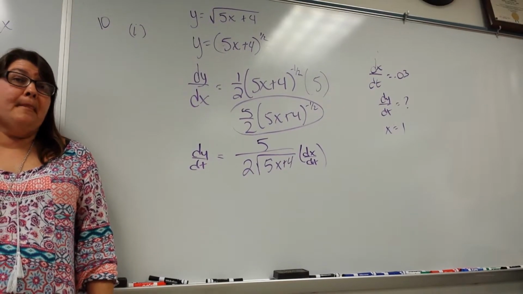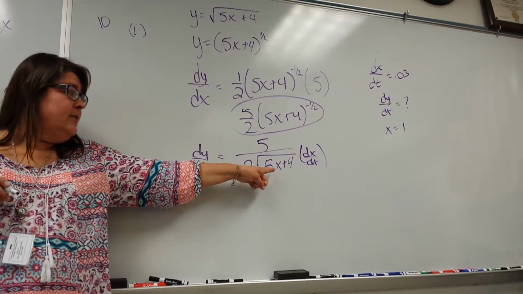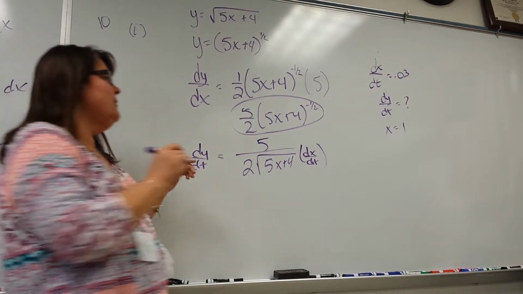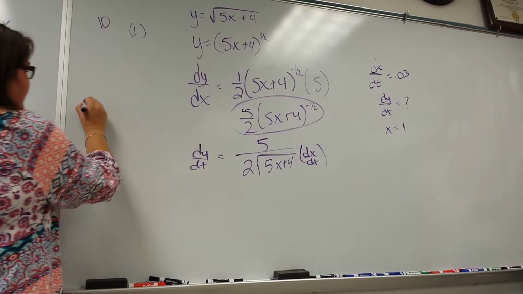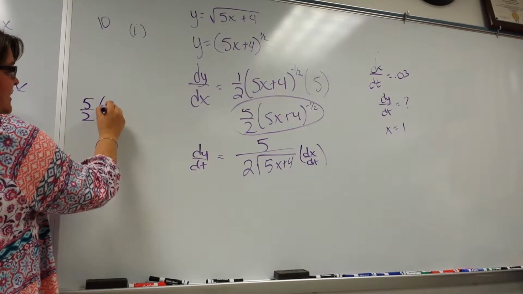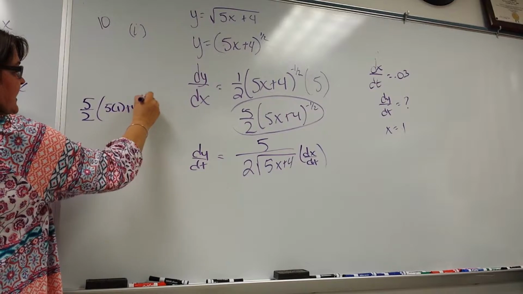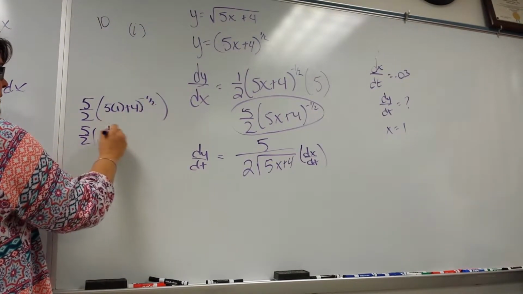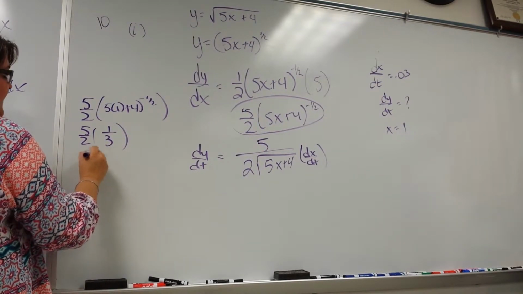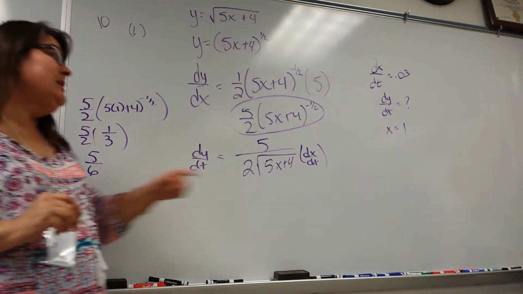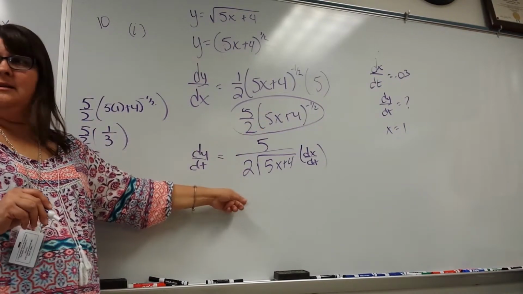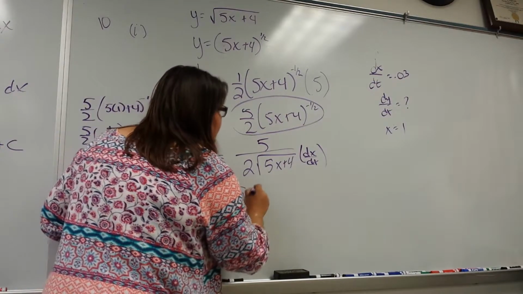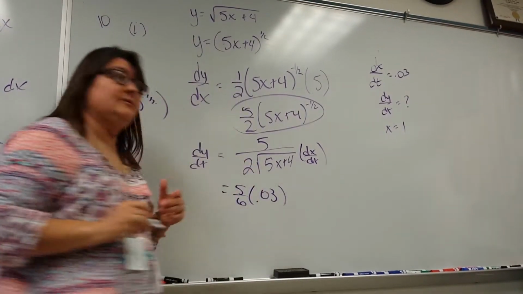Don't we need to plug in 1 for x? Did they ask you to plug in 1? Well, they say calculate the gradient of the curve. So if we plug in 1 here, we get 5/2 times 5 times 1 plus 4 to the negative 1/2. So 5/2, and that's 9 to the negative 1/2, which is 1/3. So 5/6. Then literally, because x is still 1, you just do 5/6 times 0.03, whatever that turns out to be.